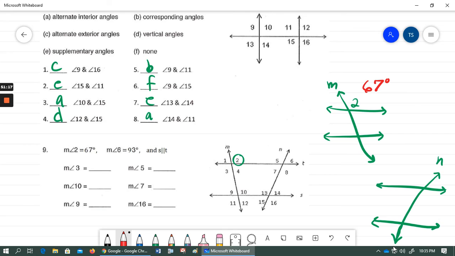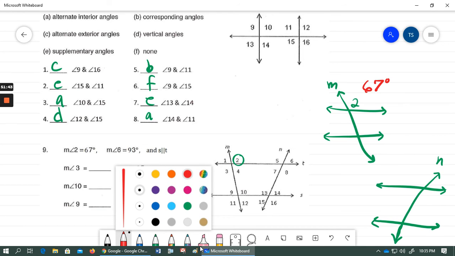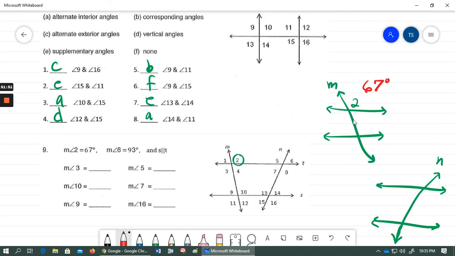That's more than enough information for us to fill in all of the angles in this diagram I've drawn here, for the transversal M. First off, out of these 8 angles, there are 4 of them that are going to have the exact same angle measurement, 67 degrees.